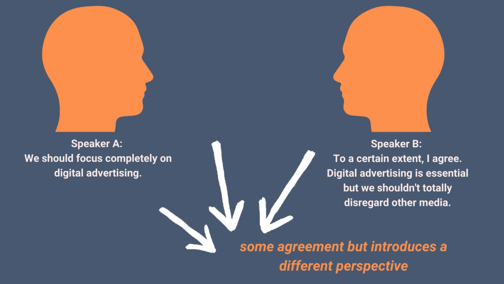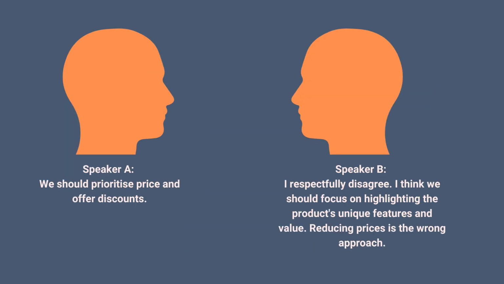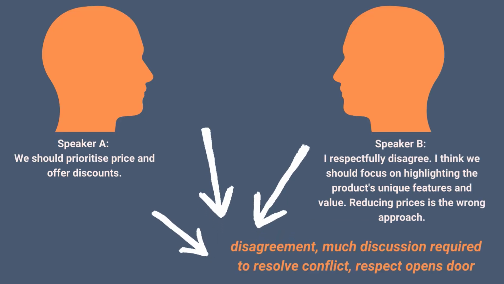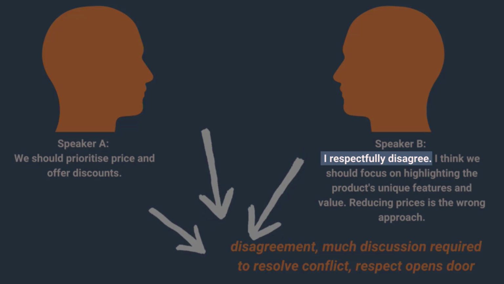Second example. Speaker A: We should prioritise price and offer discounts. Speaker B: I respectfully disagree. I think we should focus on highlighting the product's unique features and value. Reducing prices is the wrong approach. So Speaker B expresses disagreement, but expresses it respectfully.